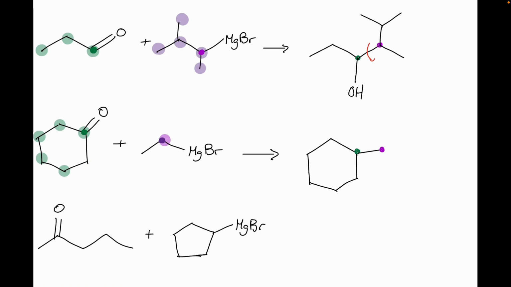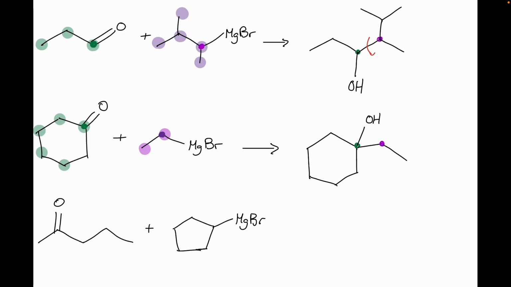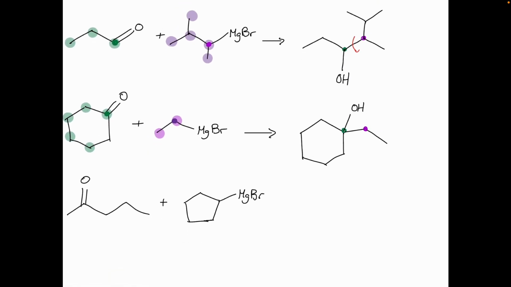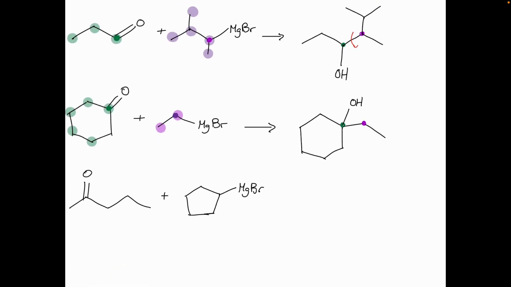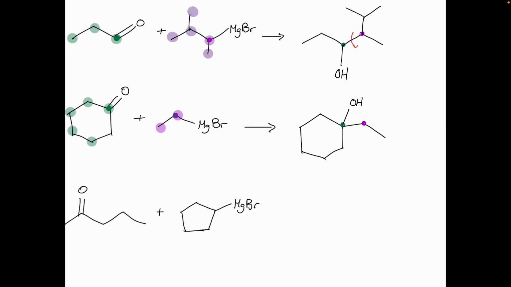So that would be that carbon plus one more. Boom. And then again, need to remember to put that alcohol group on that green carbon, that formerly carbonyl carbon. All right.